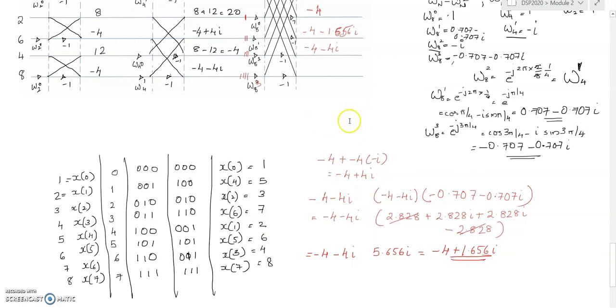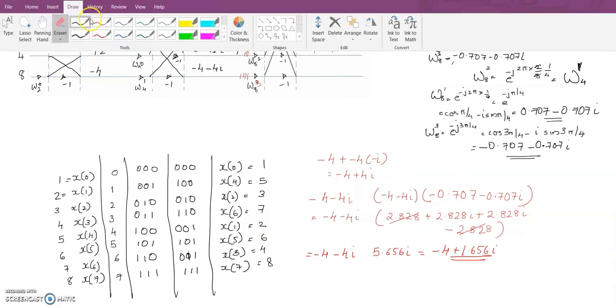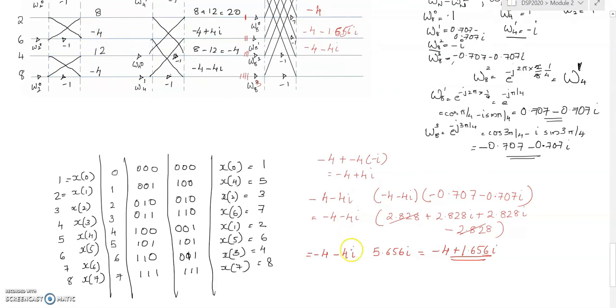When this becomes minus, and this becomes minus, at this point our output will be -4 minus 9.656i.